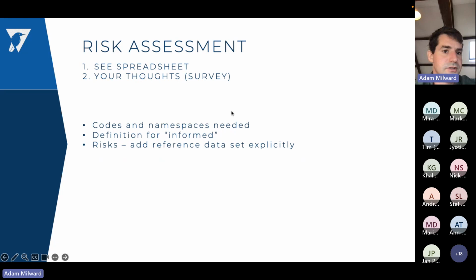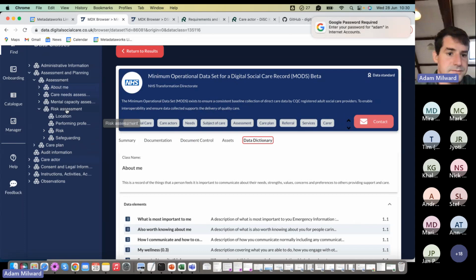I'll move on to risk assessments, just in the interest of time. So I think the same points, codes and namespaces needed. I think a definition for informed is something, and then risk reference data explicitly. So we've got our risk assessment here, and we've got the location.